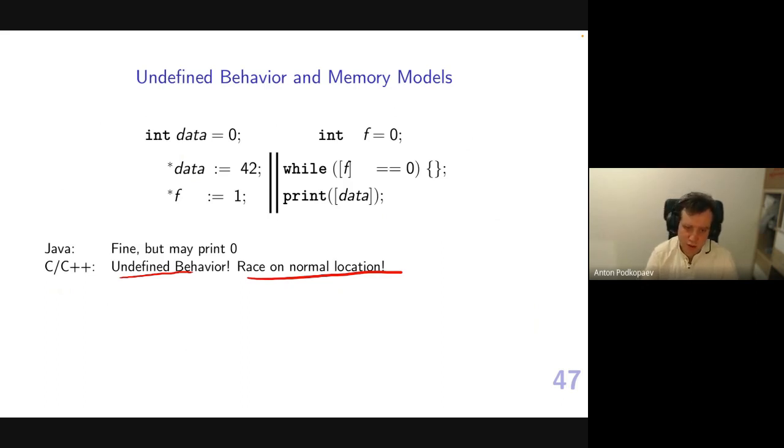So actually, these accesses are in a data race. For Java, because it doesn't have undefined behavior, this program is fine. It will have some defined semantics, although it may print 0 here, because these two accesses might be reordered. And actually, it could be done both in Java and in C++.